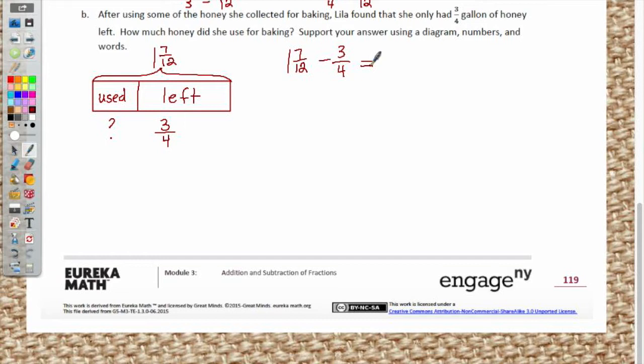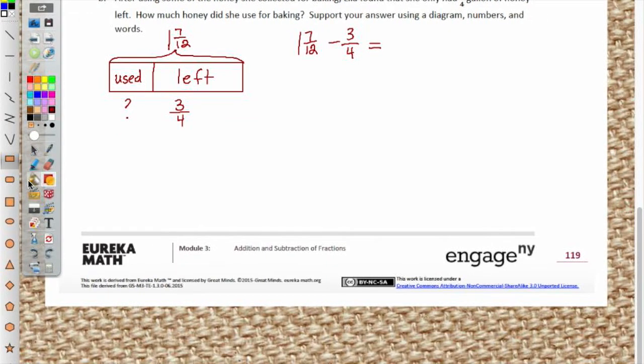Now this is pretty complicated because if I multiply those two denominators, that's going to be a huge denominator, isn't it? But we're going to go ahead and do it because that's what we're practicing. And tomorrow on the test, you won't have a huge denominator, okay? So the first thing I want you to do is make sure your fractional area models are pretty big, as big as you can get them.